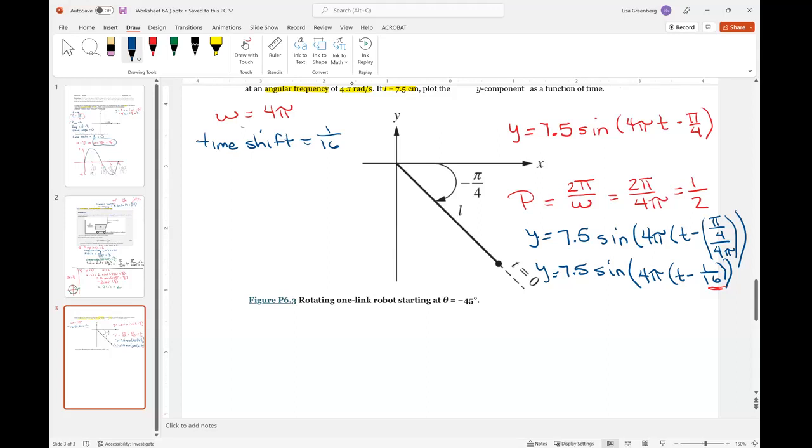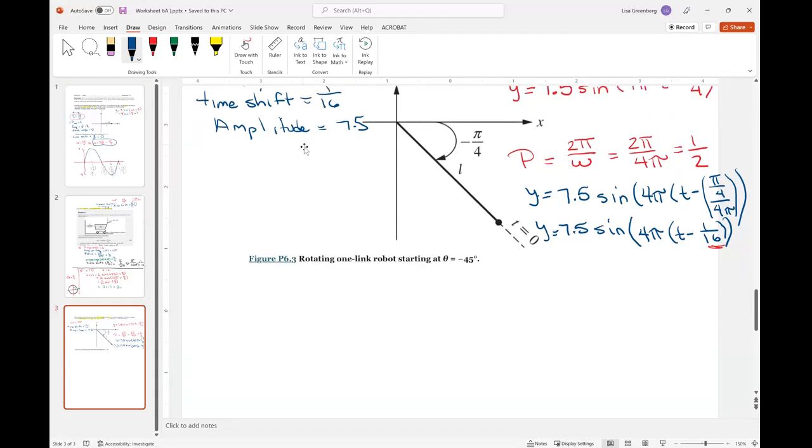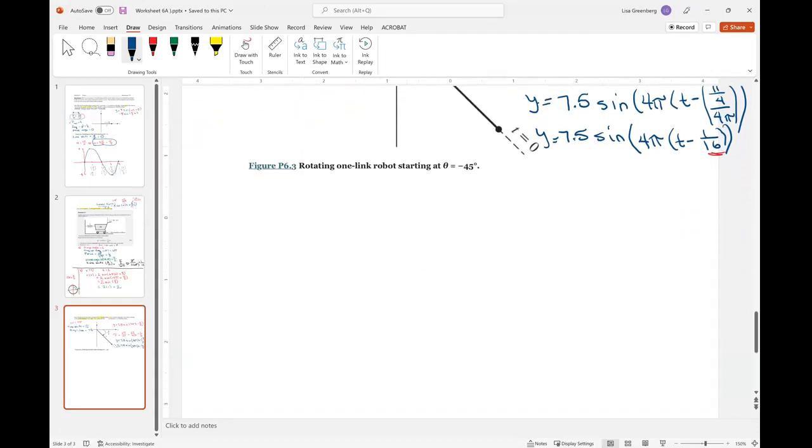I have my omega, I have my amplitude, which is equal to 7.5 centimeters. And I have my period. I think I have everything I need. So let's graph this.